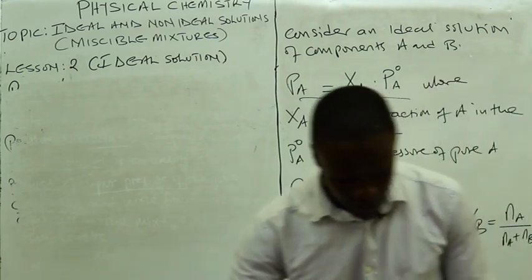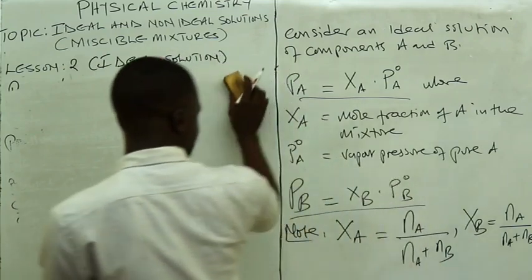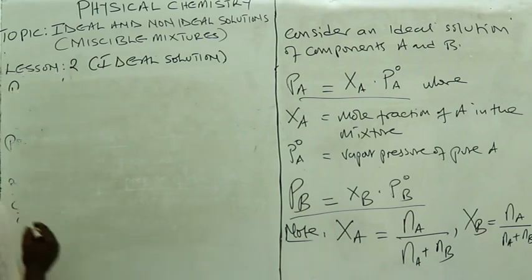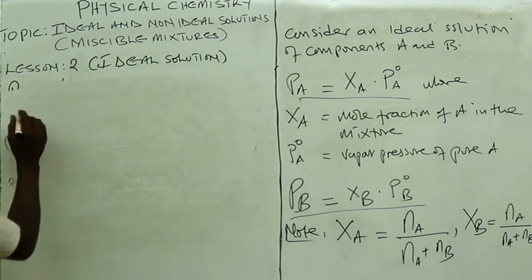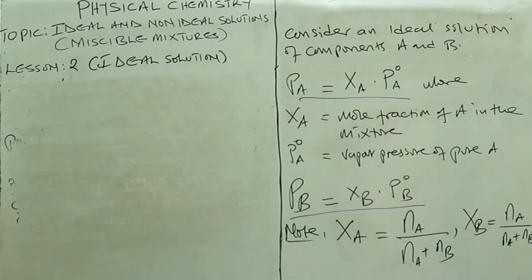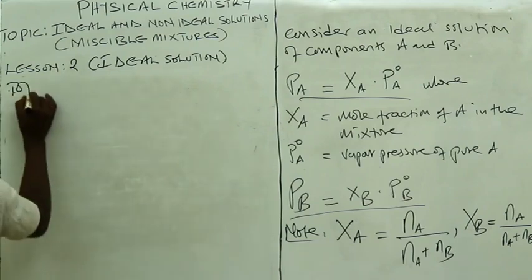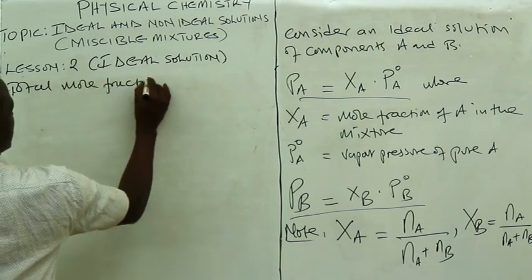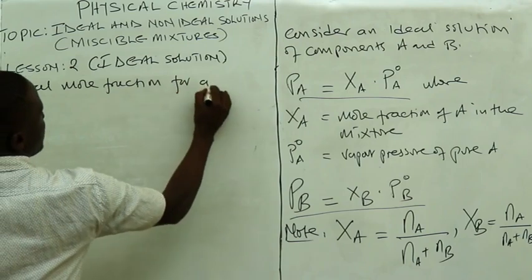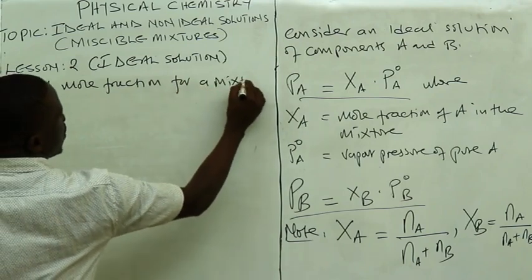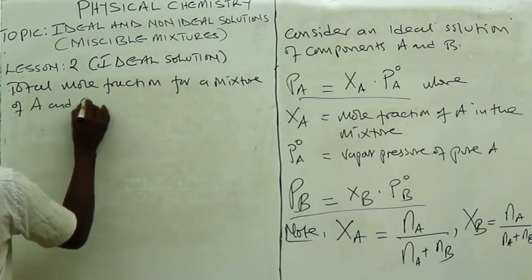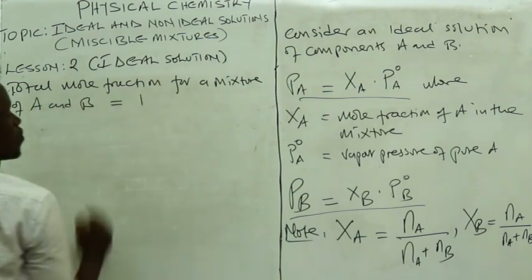And then the other thing that we also need to look at is what we call total mole fraction. The total mole fraction for a mixture of A and B must always equal 1.